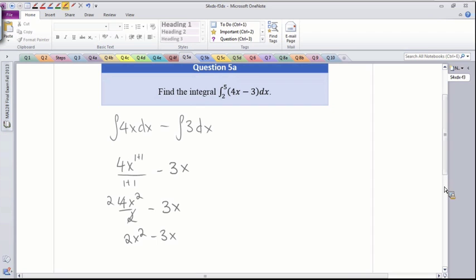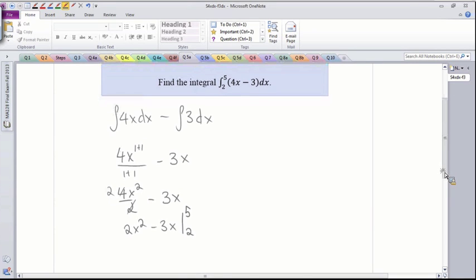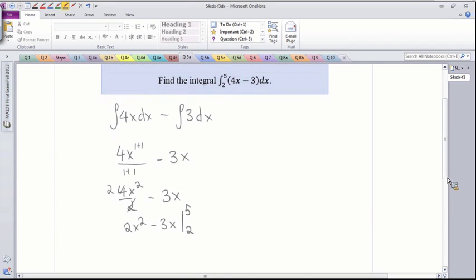And that's our integral. Now we want this evaluated at the given limits of 2 and 5. The upper limit is 5 and the lower limit is 2. So we need to subtract the bottom limit from the top limit.